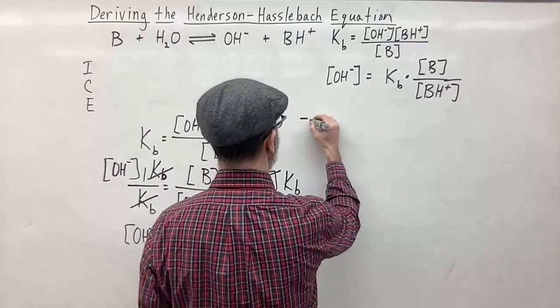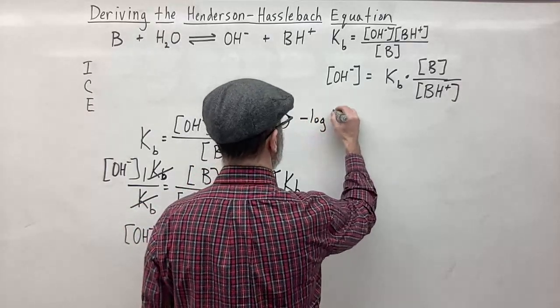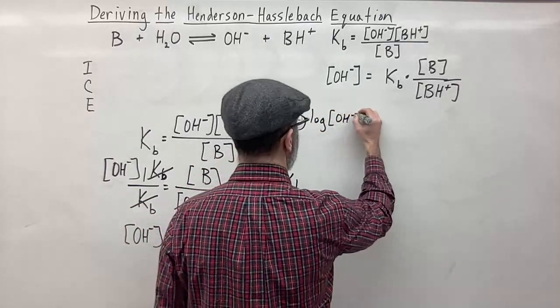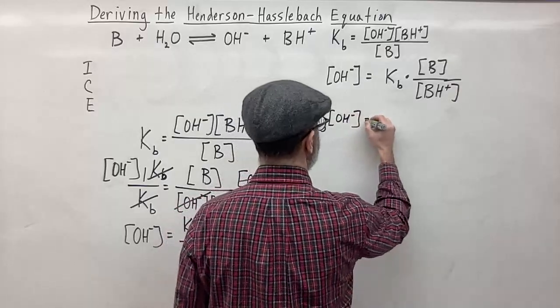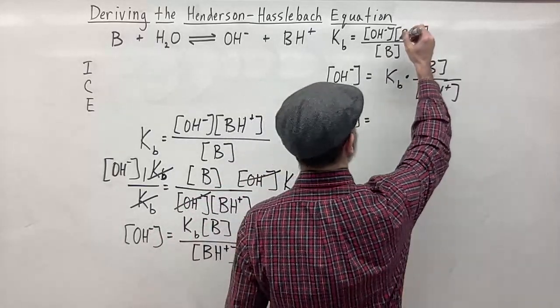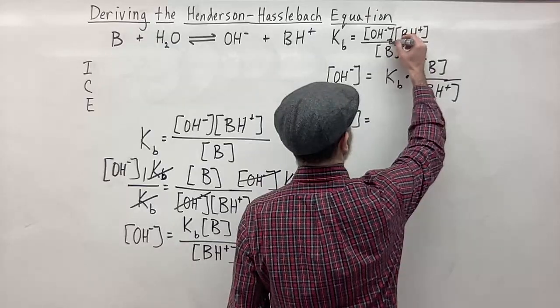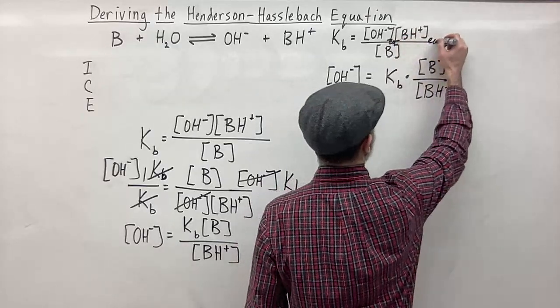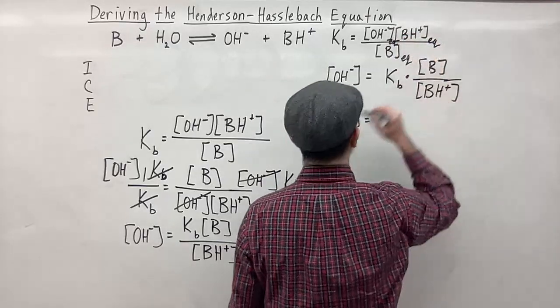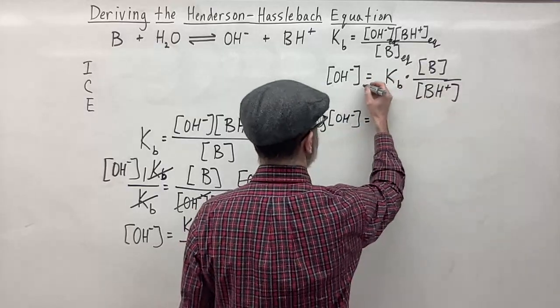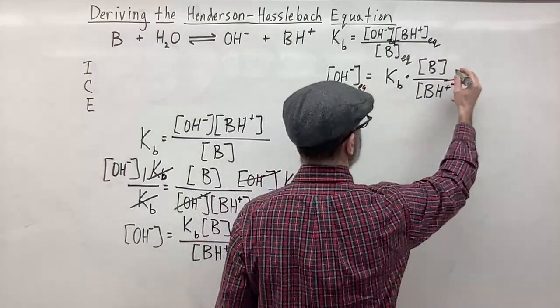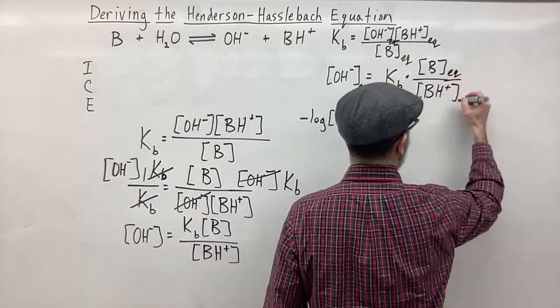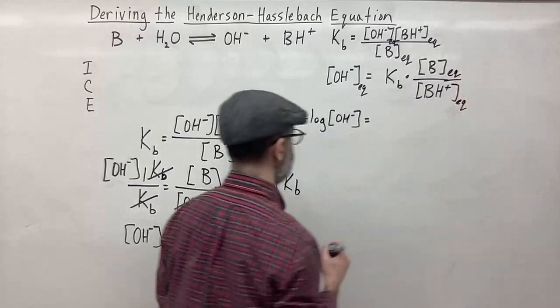So here I have the negative log of OH minus concentration. Oh, and I forgot, this is all at equilibrium again. So this is at equilibrium, this is at equilibrium, right? So all of this should be at equilibrium. Excuse me for that oversight.